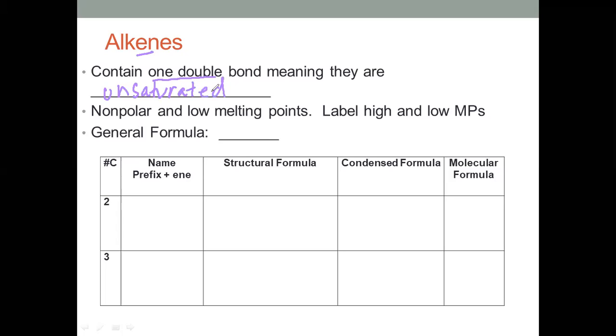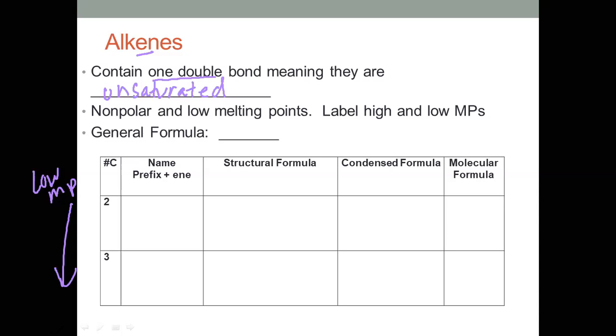So basically, if you have 4 single bonds, your carbon is totally full. If you have a double bond, it means that that could break and make 2 singles. So you're unsaturated. They are nonpolar, have low melting points. So the lowest melting point would be at the second carbon, and the highest melting point would be at the 5th carbon.